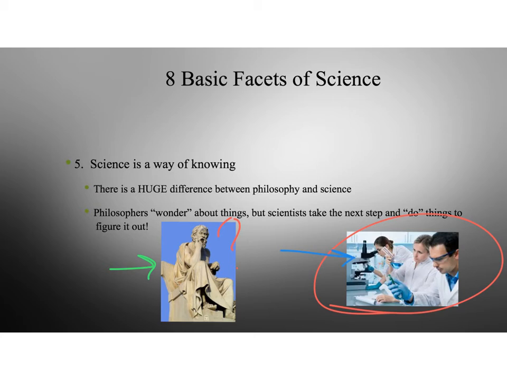Like I said, a lot of times they feed off each other and work together as a team. But scientists are the ones doing the nitty-gritty work and proving their wonderments about the world with evidence. That's the big difference. Philosophers don't have evidence. They just have ideas. Scientists have evidence to prove their ideas.